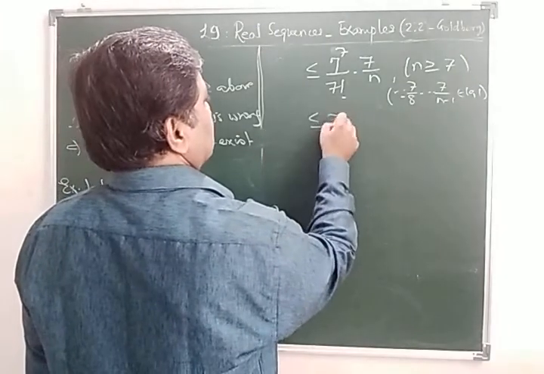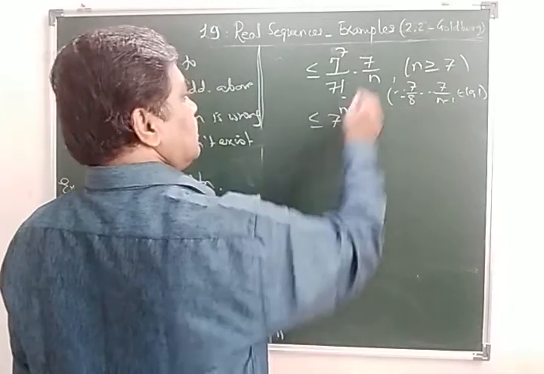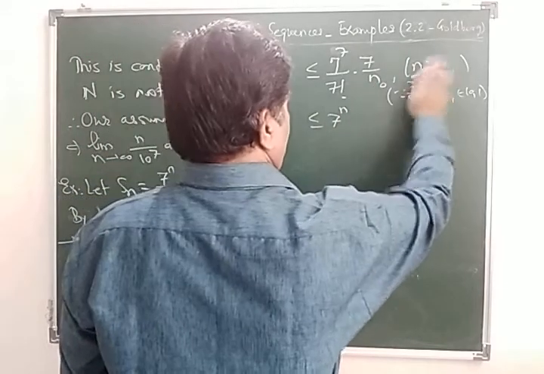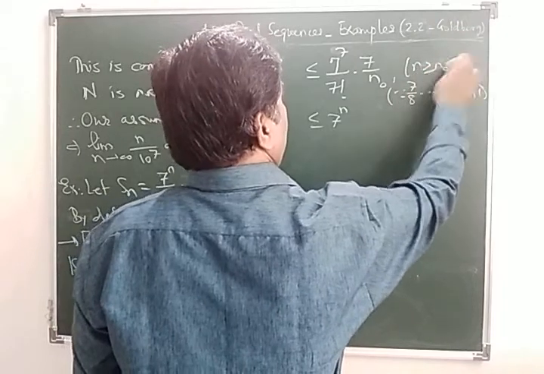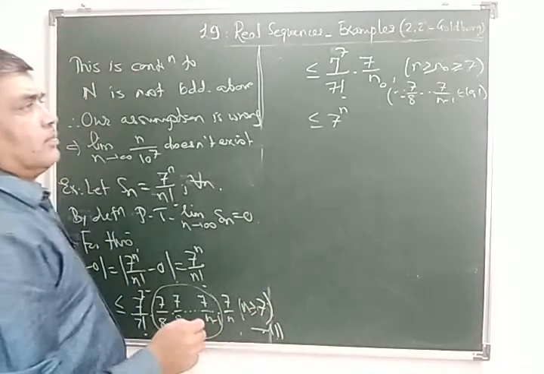This is less than or equal to, if I take, 7 upon n naught, n greater than or equal to n naught greater than or equal to 7.